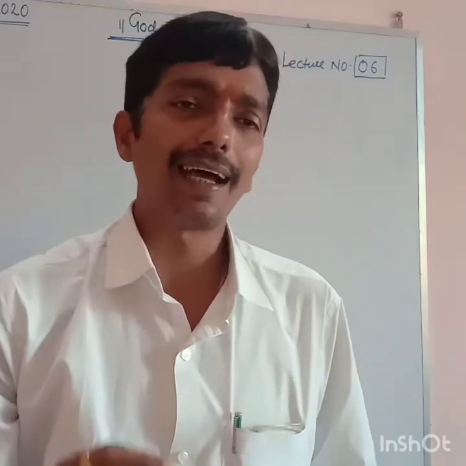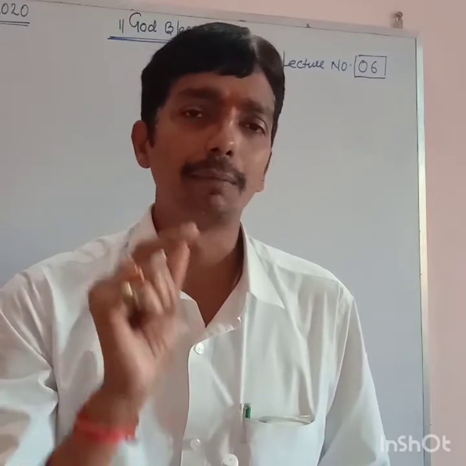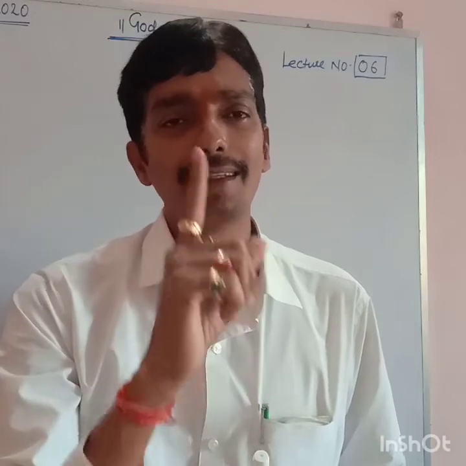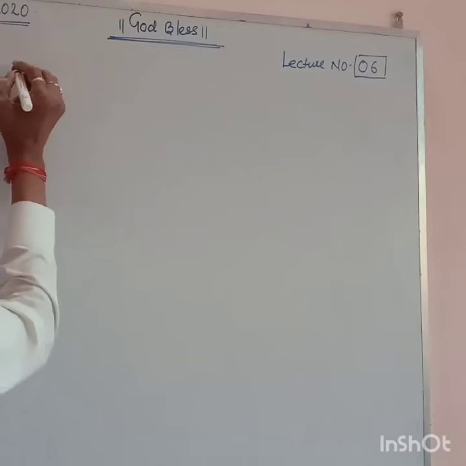But before that, I will show you one diagram of the formation of an image by an extended object, where the mirror is one and only one, that is, a single plane mirror. So here is today's topic.